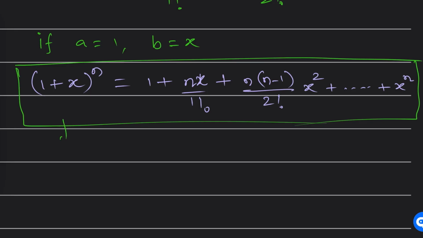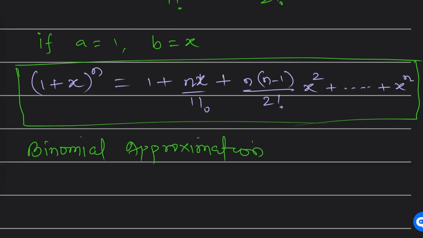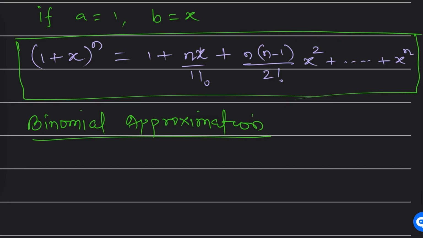Now I want to do binomial approximation. My intention was to make you understand binomial expansion, and my target was to explain this part I am going to explain now.